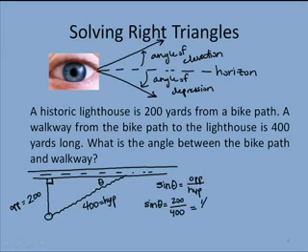Okay, and that equals 1/2. So sine theta equals 1/2. And you should recognize that theta has to be 30 degrees. From all of those examples we just did, and even from our unit circle examples from before, you should know that sine of 30 degrees equals 1/2. So the angle between the bike path and the walkway is 30 degrees.